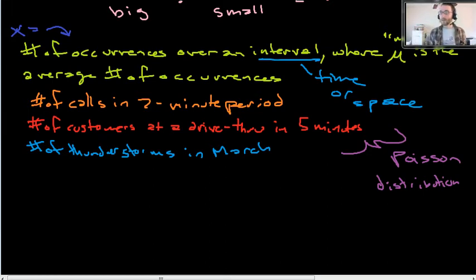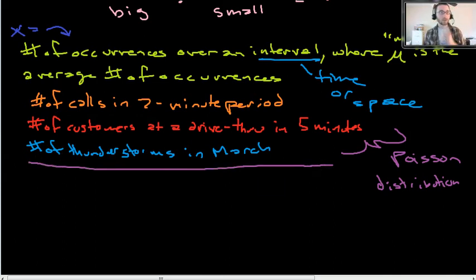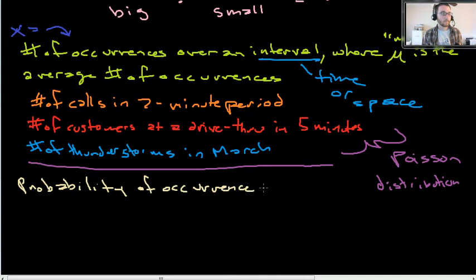Okay, so what has to happen? Well, we have a few propositions that have to be satisfied. So what has to happen for a Poisson distribution? We have to have the probability of occurrence be the same for any two intervals of a given length.